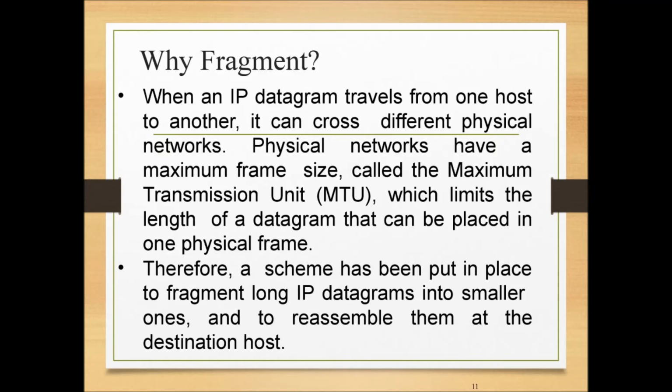Therefore, a scheme has been put in place to fragment long IP datagrams into smaller ones and to reassemble them at the destination host. So when the data is divided into smaller fragments, on the receiving side all those fragments will be combined and the receiver will see a single file which was transmitted by the sender.